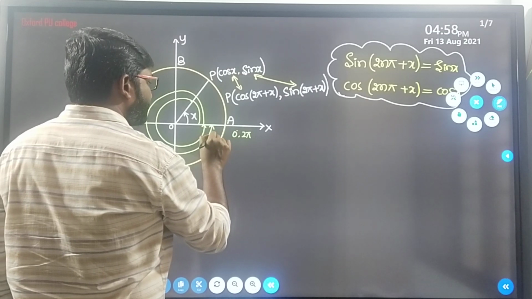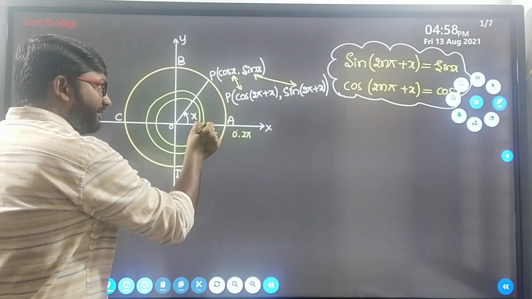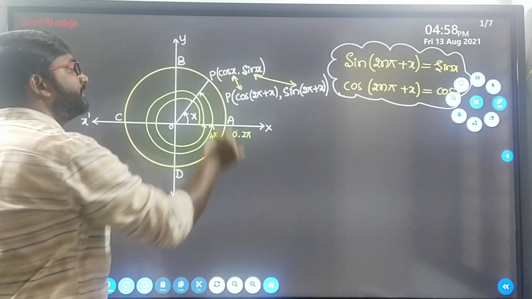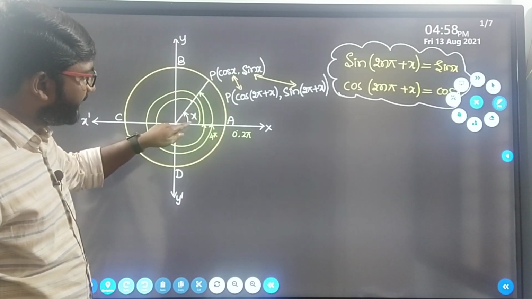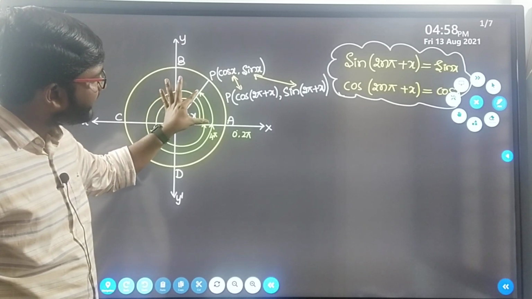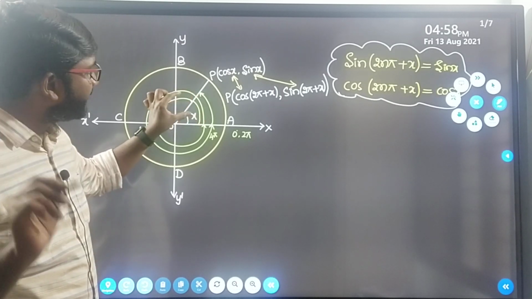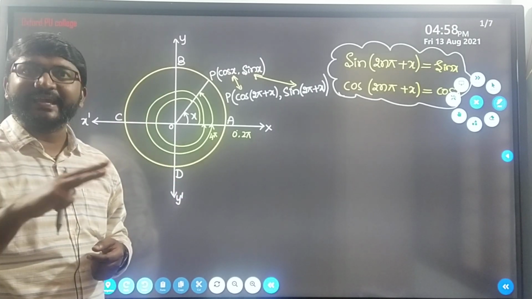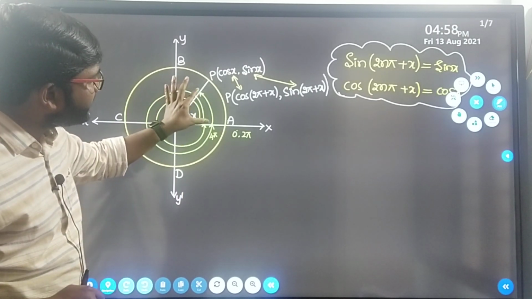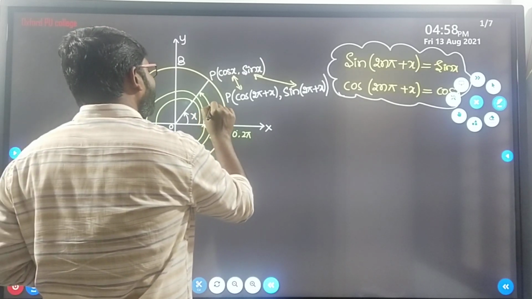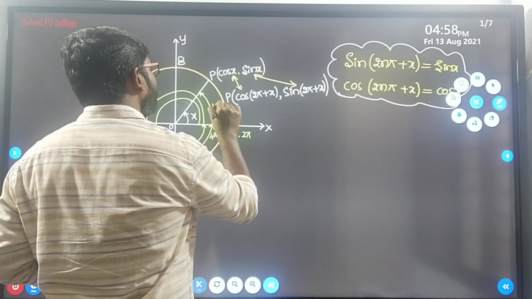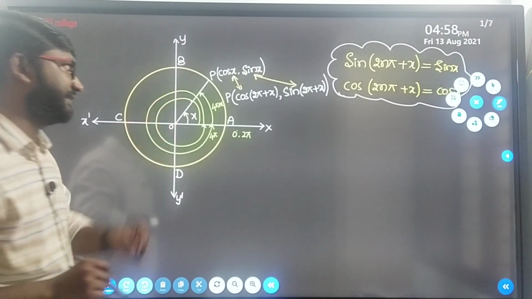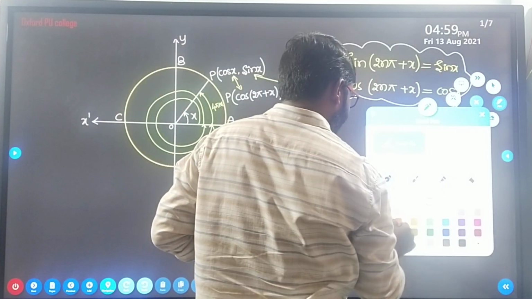Till here it is 4π, plus this extra angle, which is nothing but x. So overall, 2 revolutions means 4π, plus this extra angle, it will be 4π plus x. I hope you are getting how we get 4π plus x. Now what are the coordinates?